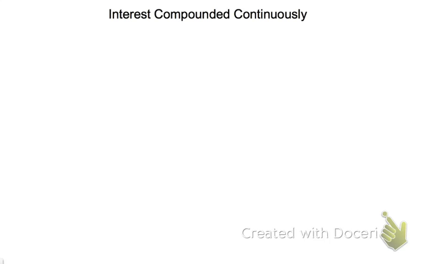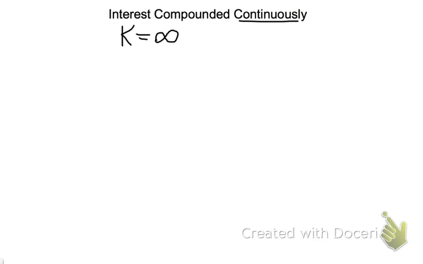As I said before, the best situation is if your interest can compound as frequently as possible. The more frequently compounding interest, the more money you're going to earn, to the point where if we could compound our interest an infinite number of times per year, if it's continuously compounding, that is going to be our best scenario.